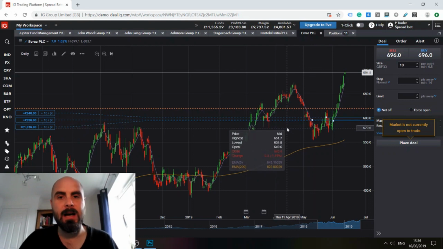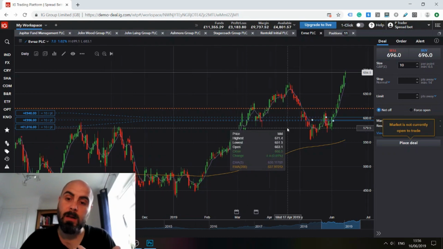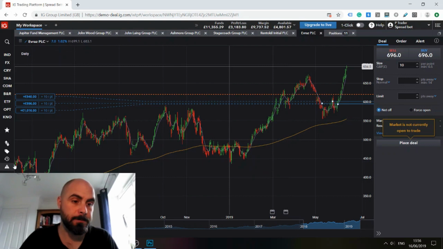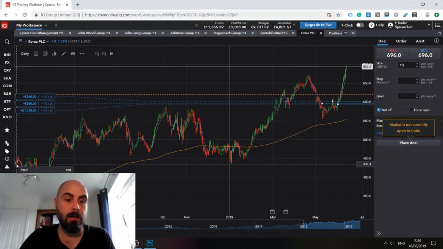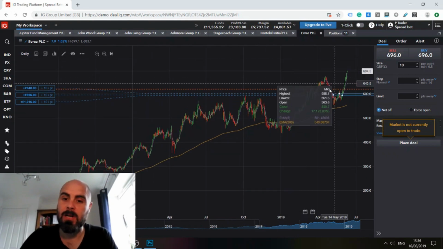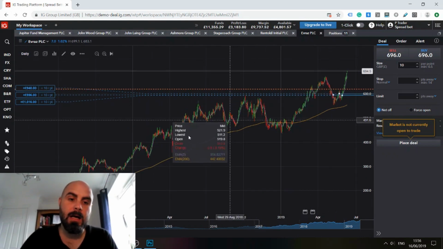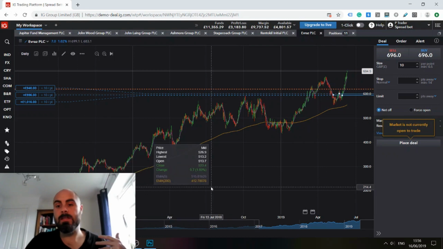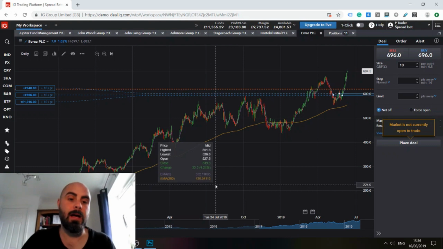But then how did I identify whether this truly was a strong share or a weak share without looking at any news? Well, I basically just looked at how the share had performed since, I just dragged out the chart, and you can see at least since 2017 that this share has been in a clear upward trend.